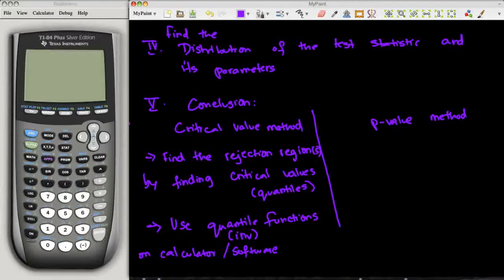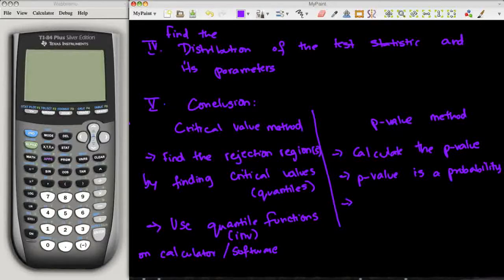If you're going to find or use the p-value method to obtain a conclusion, then you'd have to calculate the p-value. Now keep in mind, p-value is a probability. How do we find probability? Probability is found by calculating the area under the curve.